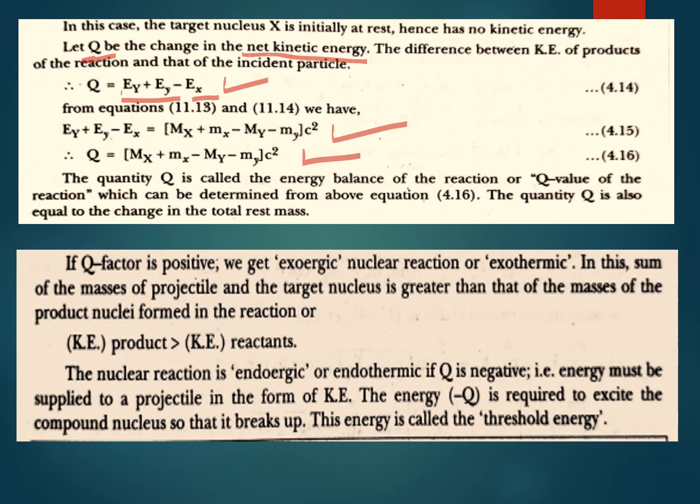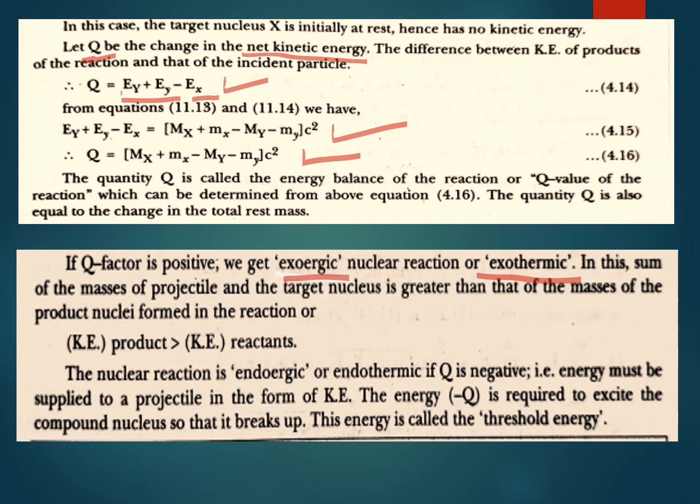If the value of Q is positive, meaning the subtraction is positive, then we call it exoenergic. In an exothermic reaction, heat is involved, or heat energy is emitted, or high temperature is emitted.